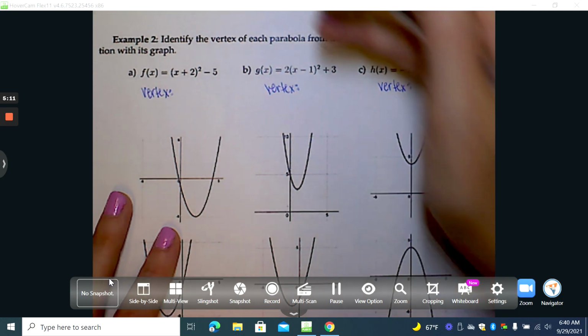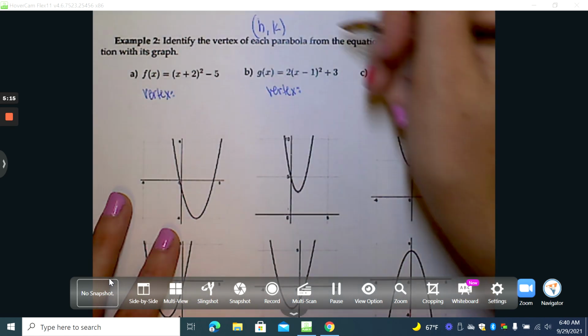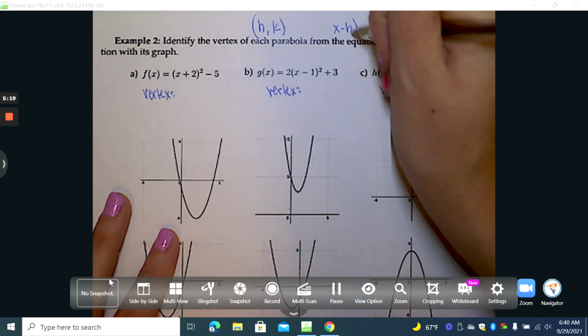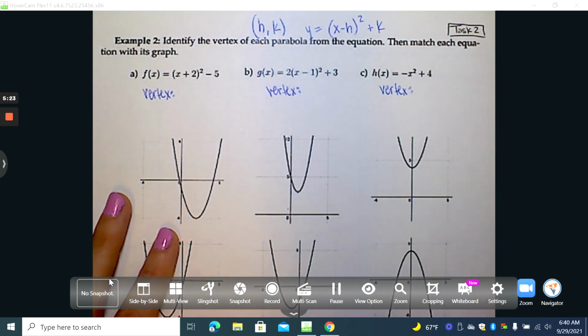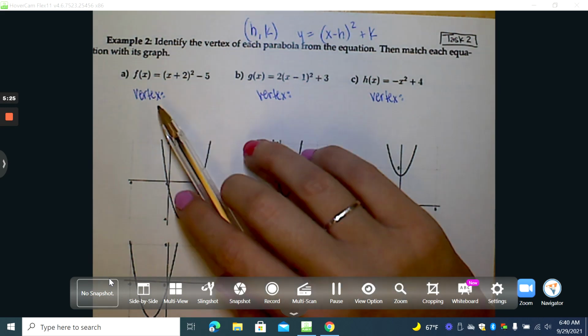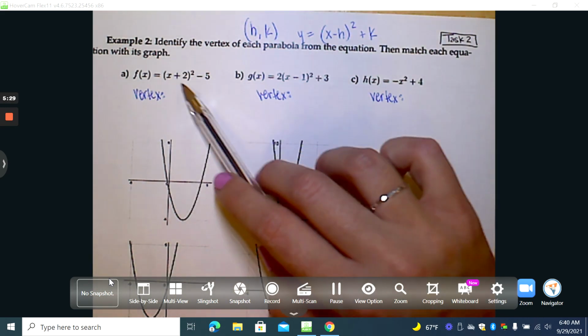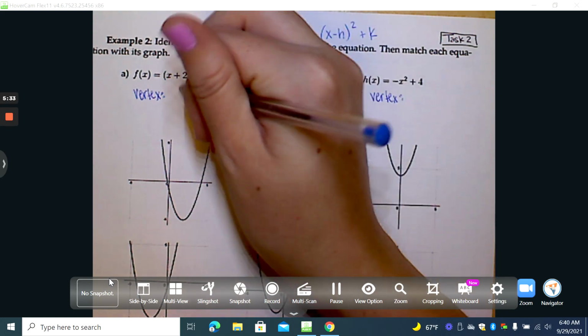And so I do that by identifying H and K from that formula, right? My formula was x minus H squared plus K. That's my formula. And so I'm going to look inside here. I have a positive 2 inside my parentheses. I'm using the opposite of that for the x value.